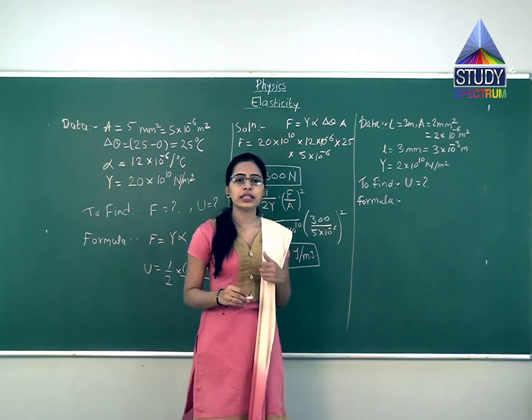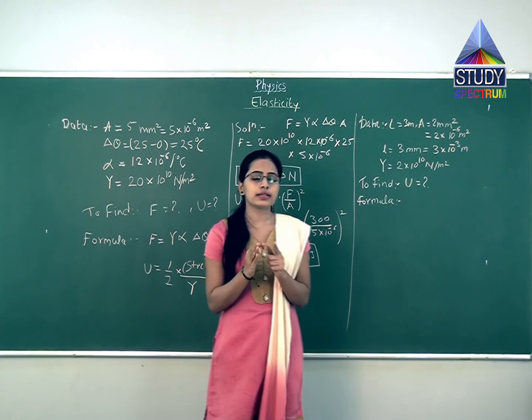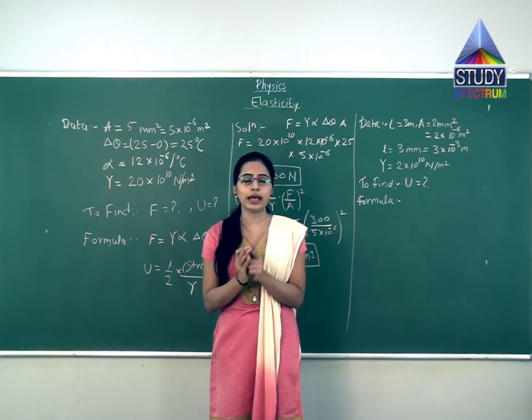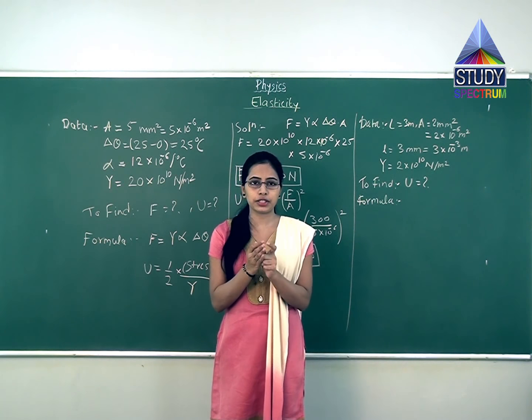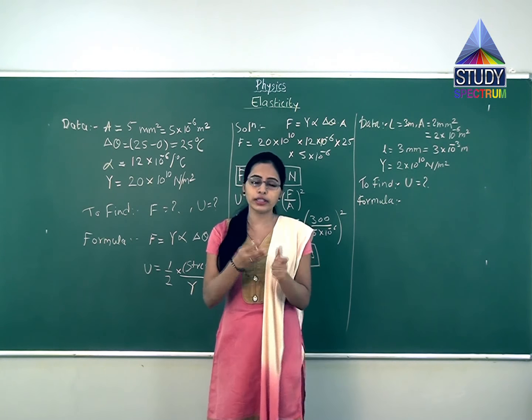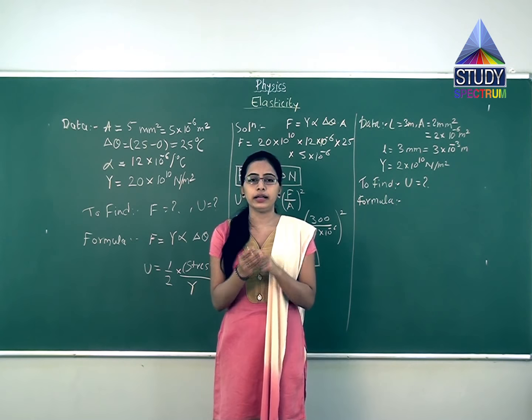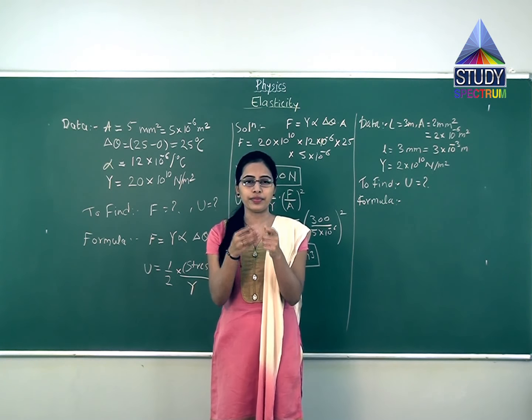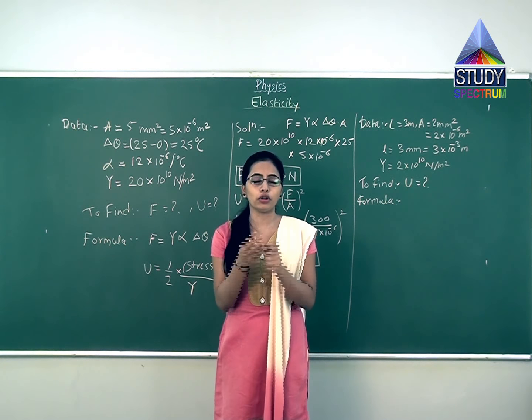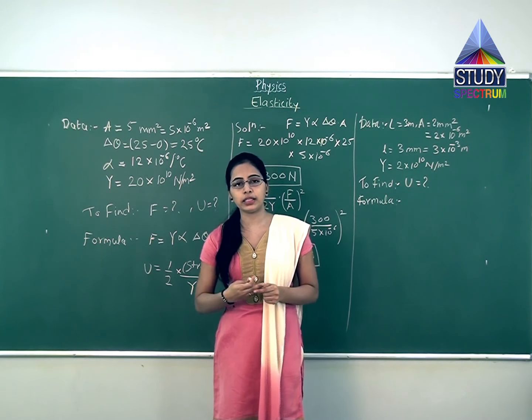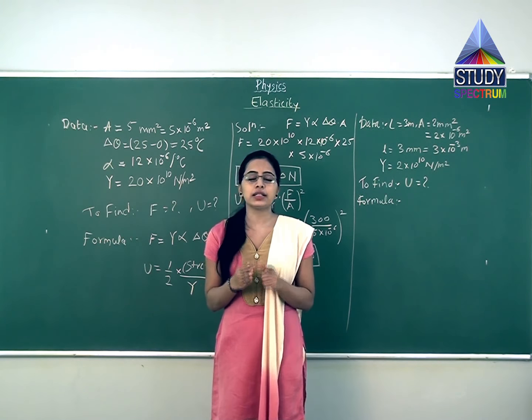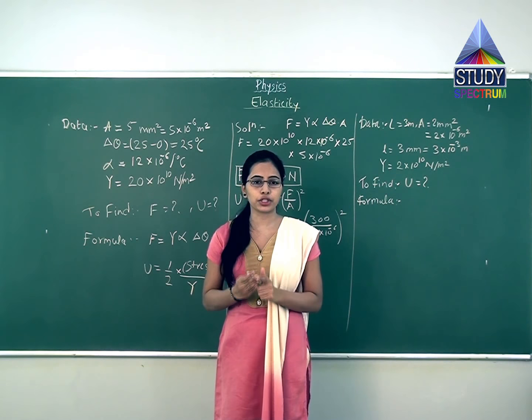Now, the formula that we will use here: as you know, this energy means work done on the wire or by the wire. Since we are loading the load here on the wire, work is done by the wire. So this work is stored in the form of energy only.